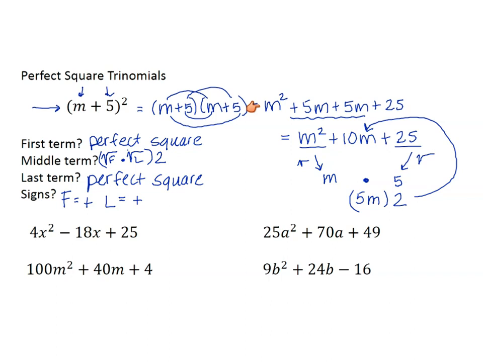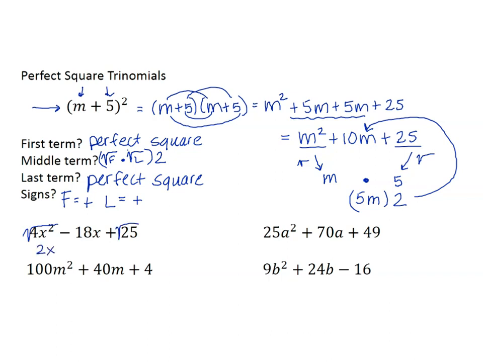All right, so let's look at these 4 trinomials on the bottom and see if we can determine which ones, if any, are perfect square trinomials. So we're going to look at the first term and the last term. Are they perfect squares? In this example, yes, this is a perfect square. Yes, this is a perfect square. The next thing we look at is the middle term. If I take the square root of the first term, I get 2x.